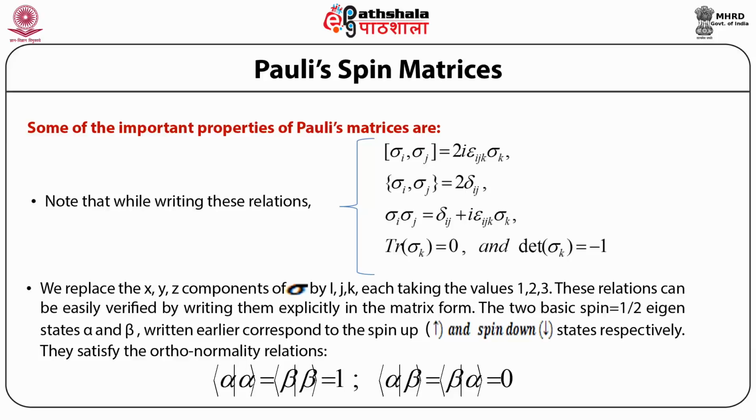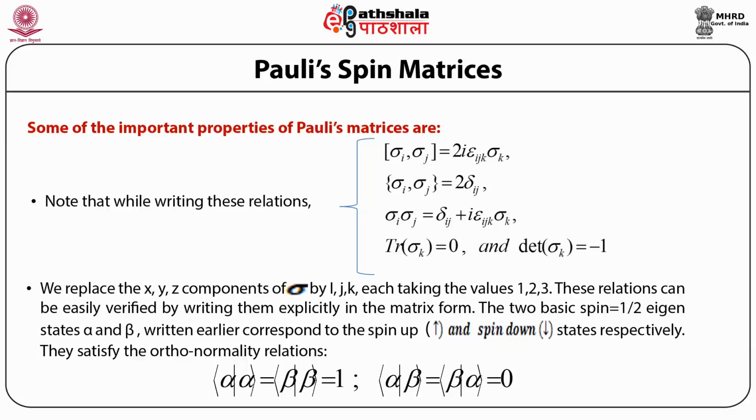Similarly, epsilon ijk is the tensor of rank 3. What is important to note is that while writing down these relations, we have replaced the x, y, and z components of the Pauli spin matrices with i, j, k, each taking the values 1, 2, and 3. These relations can be easily verified if we write them in the matrix form.